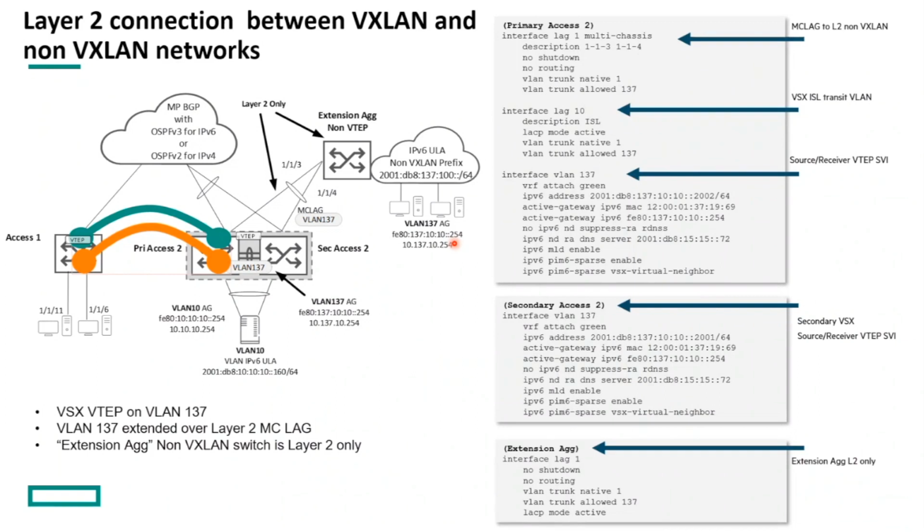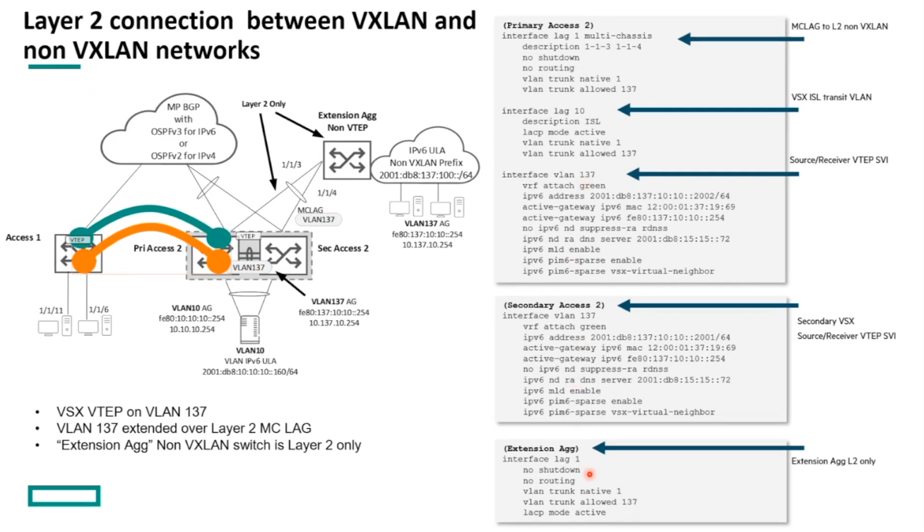It's nothing really complex. I'll have a lag which extends that VLAN across here, both 113 and 114. I've just shown that in the description. We also have that VLAN across the ISL here too, and then we have the VTEP or the VLAN effectively also configured on both of the primary and secondary.